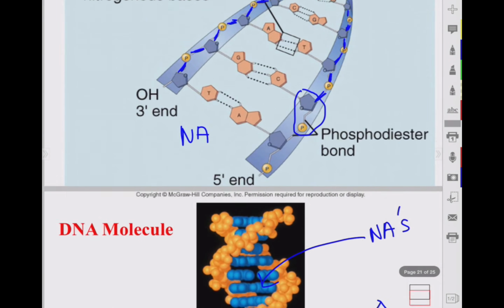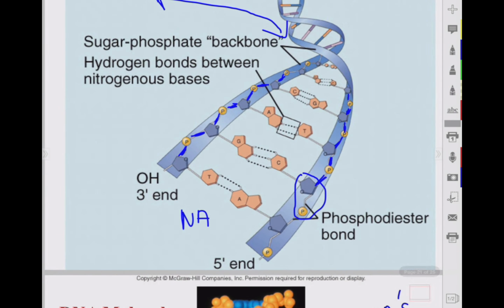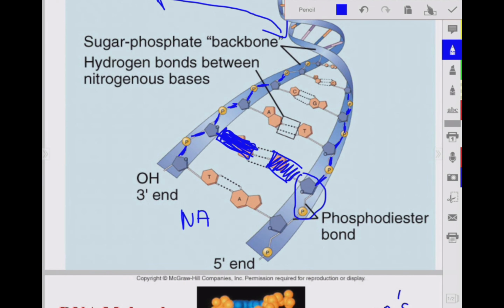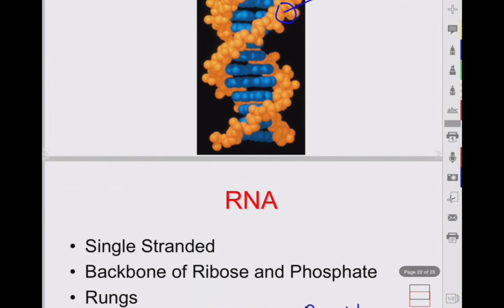By rungs of the ladder, what they mean are these, right? As if, and I'll just write right over top of it, these would be the steps that you would stand on going up the ladder. That's what they mean by rungs. Now you know.